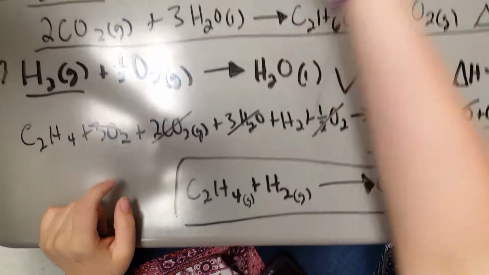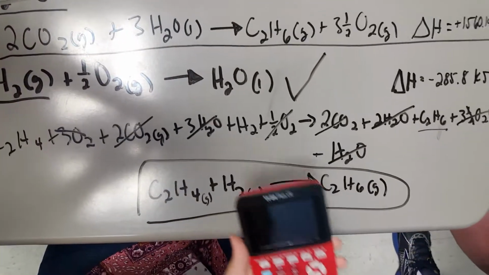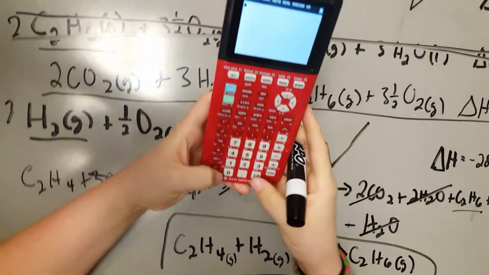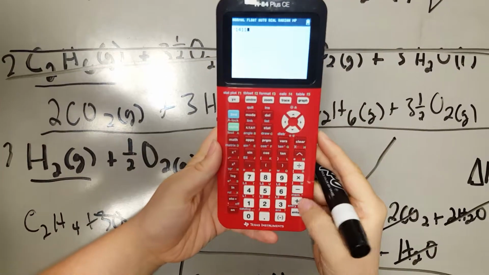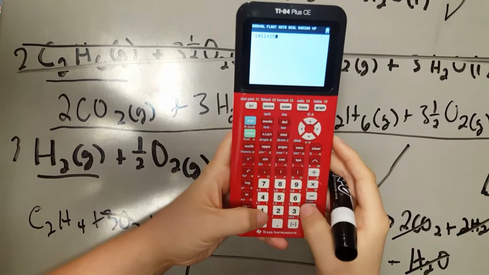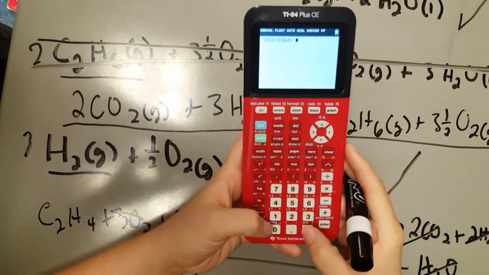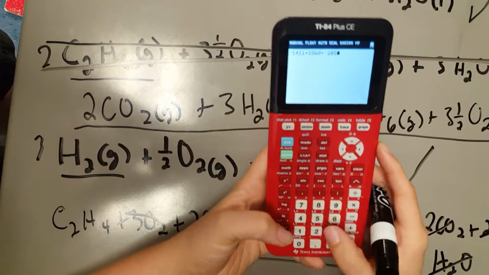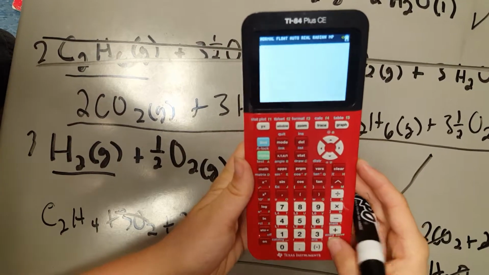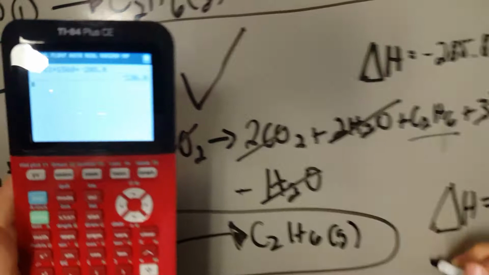But since we added up all of these equations, you also have to add up all their delta H's. When we get our calculator out, you type in the numbers: 6, 0, and then negative 2, 8, 5.8, and you enter, and you get the delta H of this equation to equal negative 136.8 kilojoules.